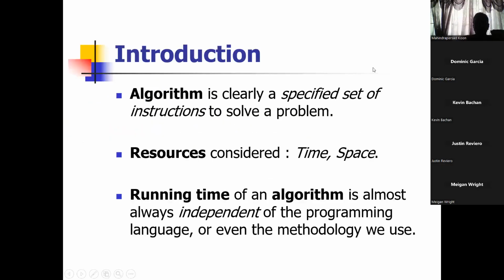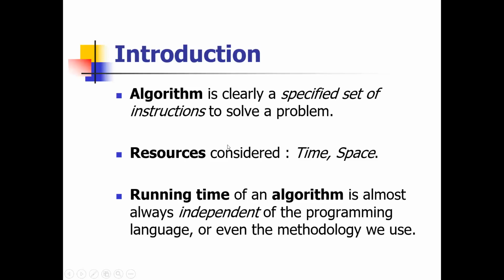So we're saying that an algorithm is a clearly specified set of instructions to solve a problem. So when I ask you to describe an algorithm, I want you to give me that set of instructions. Using the words describe an algorithm means tell me what to do, describe the steps that you have to carry out.